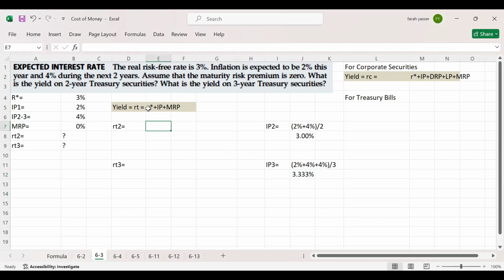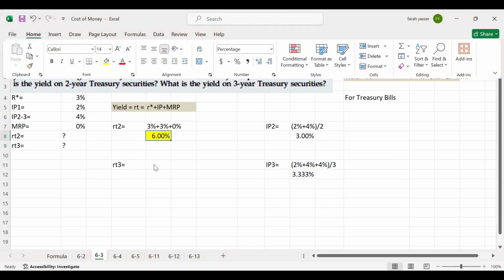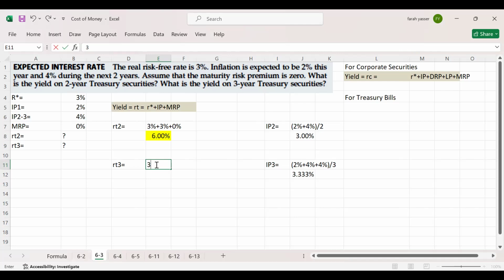Now we can calculate RT2. Formula is R star plus average inflation plus maturity risk premium. Here R star is 3%, average inflation is this, and maturity risk premium is 0. So here's the calculation. R star is 3%. Add inflation, 2 years average inflation is 3%, and maturity risk premium is 0%. So RT2, when we add, we will get 6.0%. So this is the first answer. For RT3, 3% is the R star.